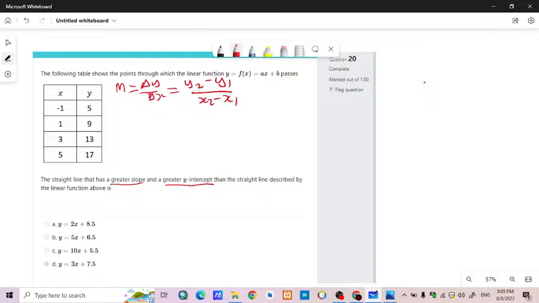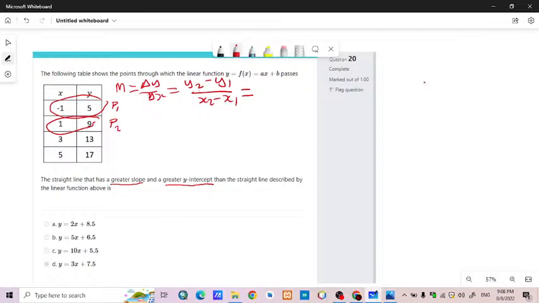When I say a point, I mean x and y coordinates, like any 2 points. I just want to make it simple for myself because I don't have a calculator. We're gonna take these two and these two. So this is gonna be our P1, that's gonna be our P2.